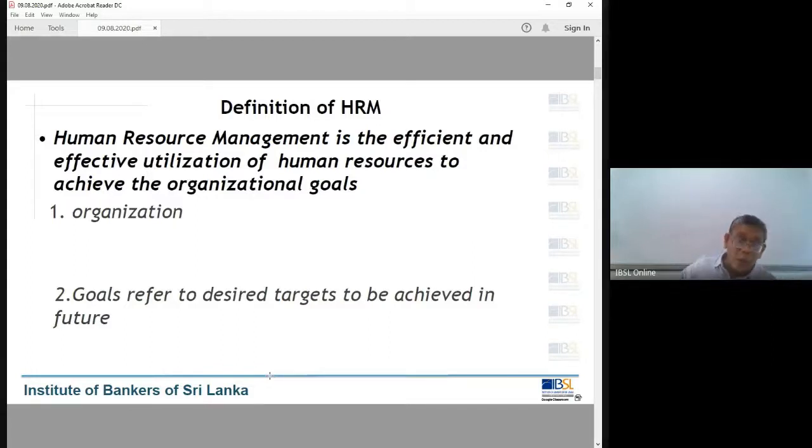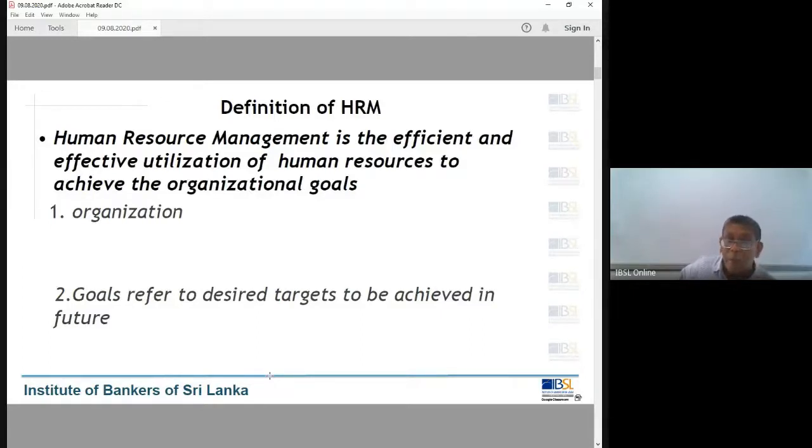To support that, organizations come up with goals like maintain market share, improve customer satisfaction, improve financial stability, and things like that.